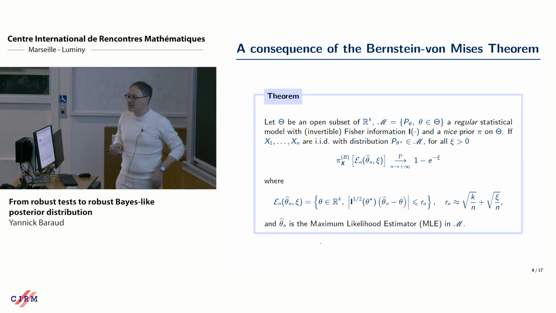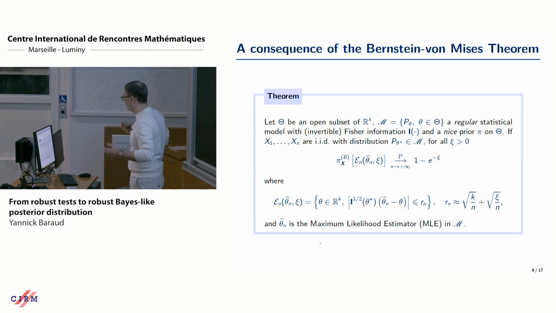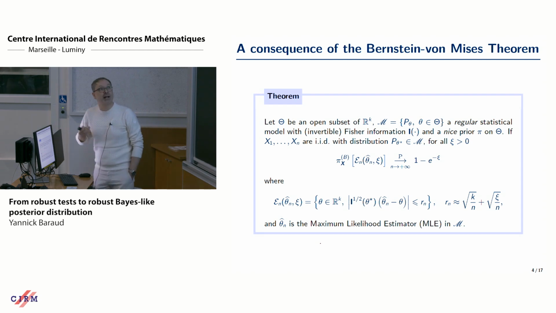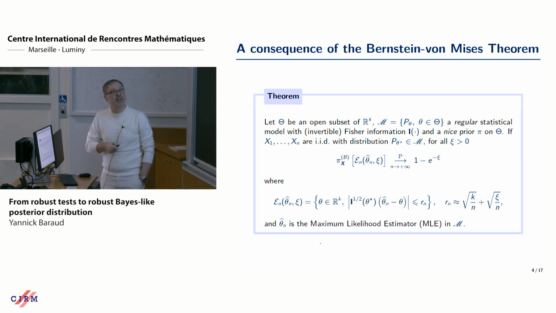So if the statistical model you use is parametric, and it is regular, and the parameter space is therefore a subset of R^k, you have a nice Fisher information in the sense that it is invertible, you have a nice prior, then you can show that the posterior distribution will concentrate most of its mass, when n becomes large, on an ellipsoid, so this is the ellipsoid here, which is centered at the maximum likelihood estimator in the model.